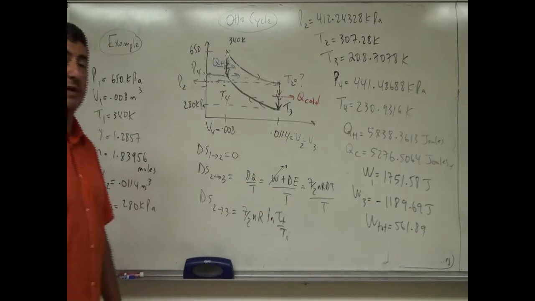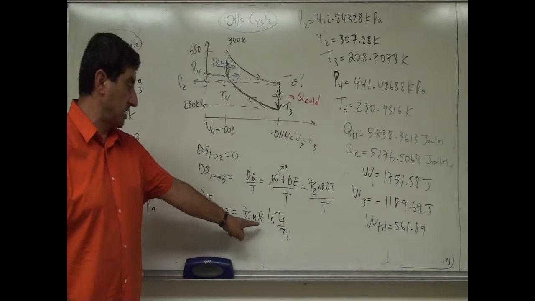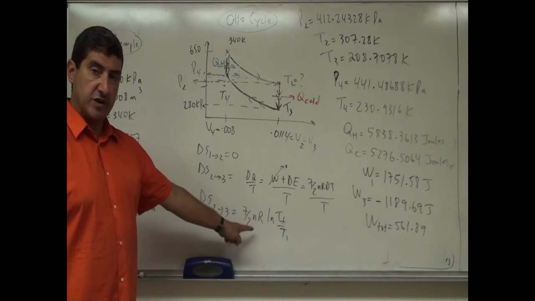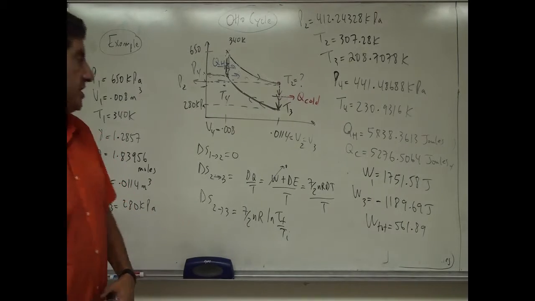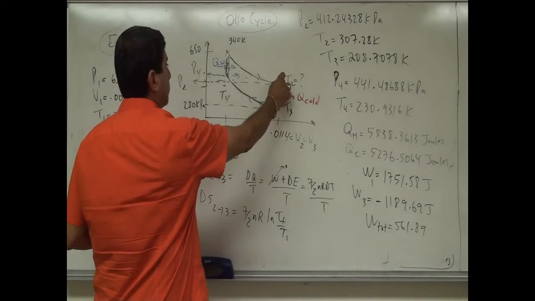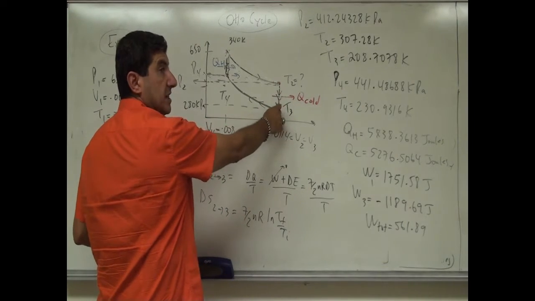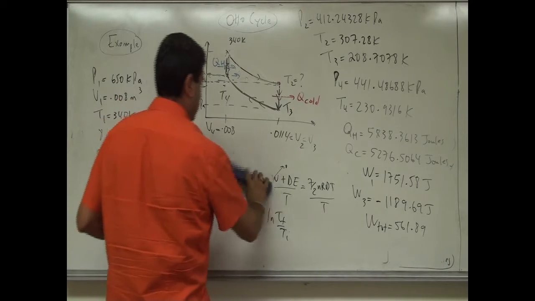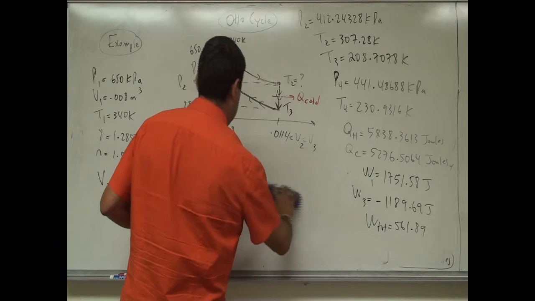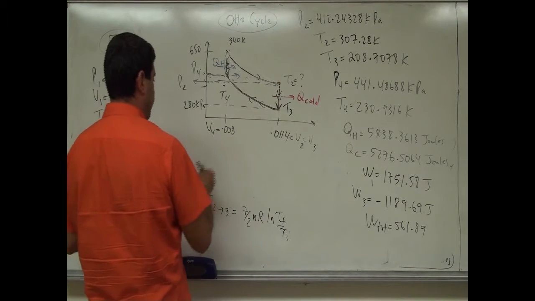So in an isovolumic process, this is the general result: 7/2 the number of moles times R times ln of the final temperature over the initial temperature. So when I'm going this way, I'm cooling it, and the entropy of the gas is going to decrease, right? So let's see what's going to happen.